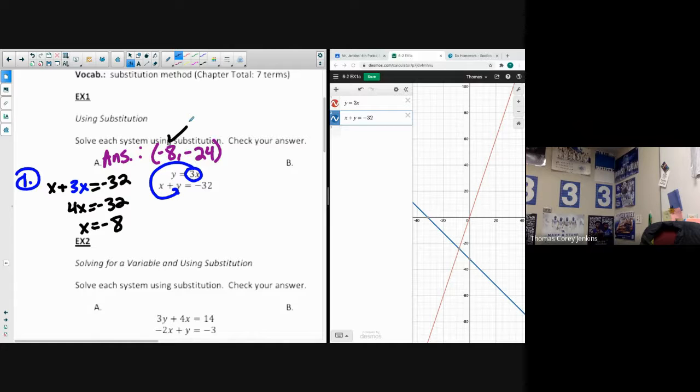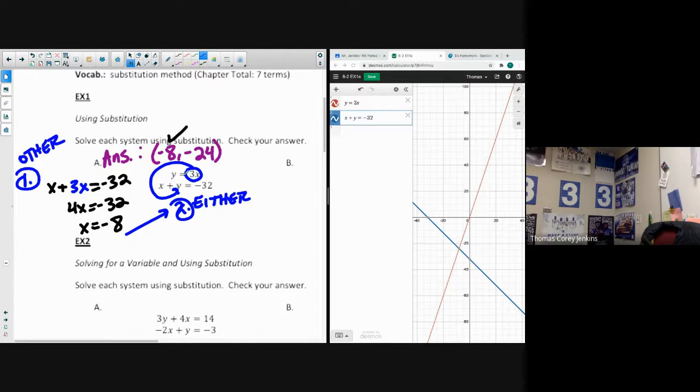The only other thing you really need to show is that now we sub this into either equation. In step 1, you have to go to the other equation. In step 2, you can do either. So we have an x value, and now we can use that to find y.